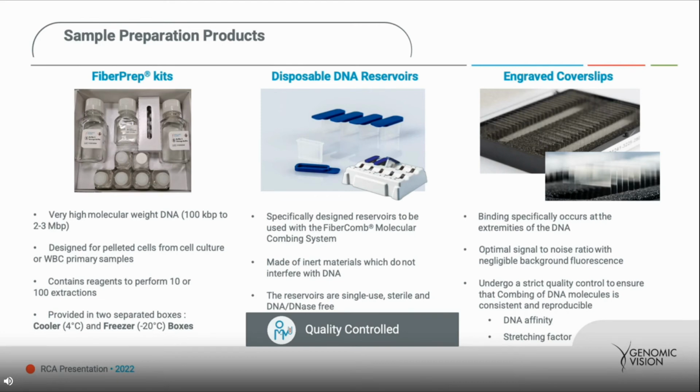These reservoirs are single-use, sterile, and DNA free. Finally, the engraved cover slips are strictly quality checked and make sure that DNA binds from the extremities, giving reproducibility and robustness to the combing of the DNA and DNA affinity.